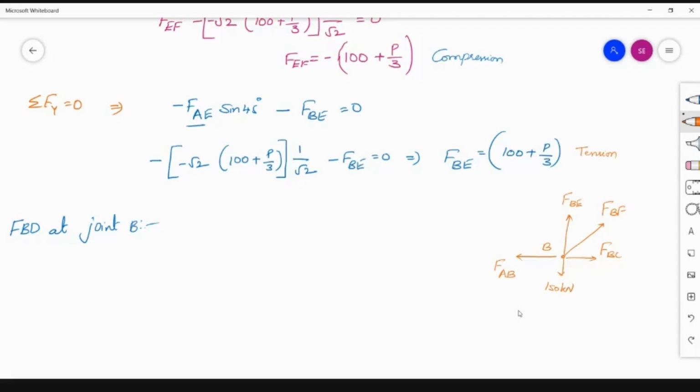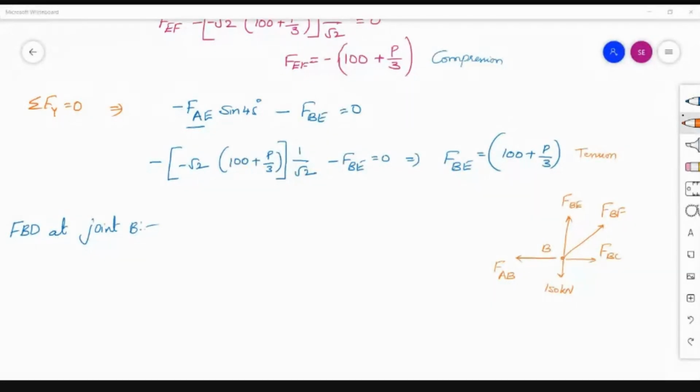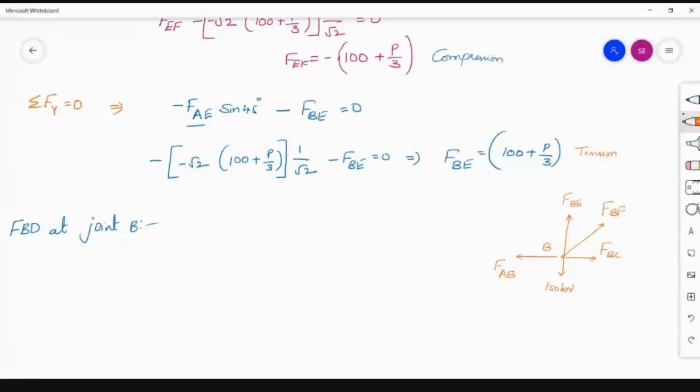Just wait a second. At joint B here, the forces are written, and the inclined force is to be resolved.